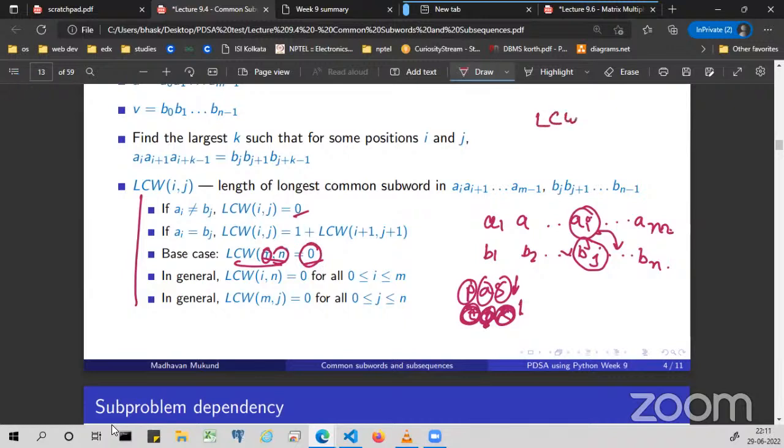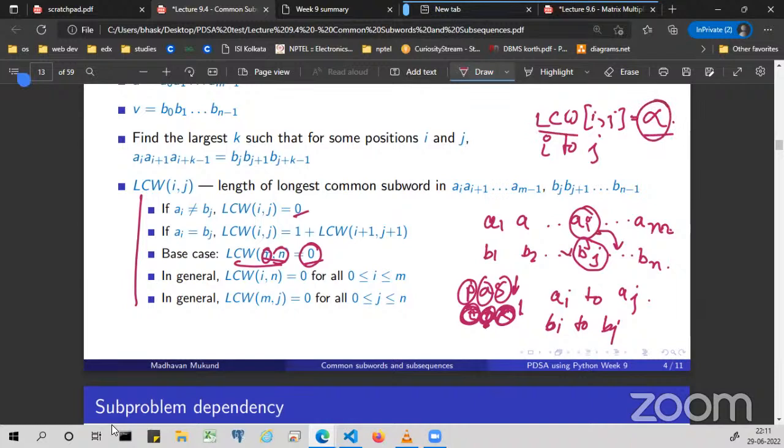So LCW, the longest common word of i comma j, equal to, let's say, alpha. That means between the segment of A from ai to aj and of B from bi to bj, within the whole strings A1 to An and B1 to Bn, the maximum possible common subword that I got has length alpha.